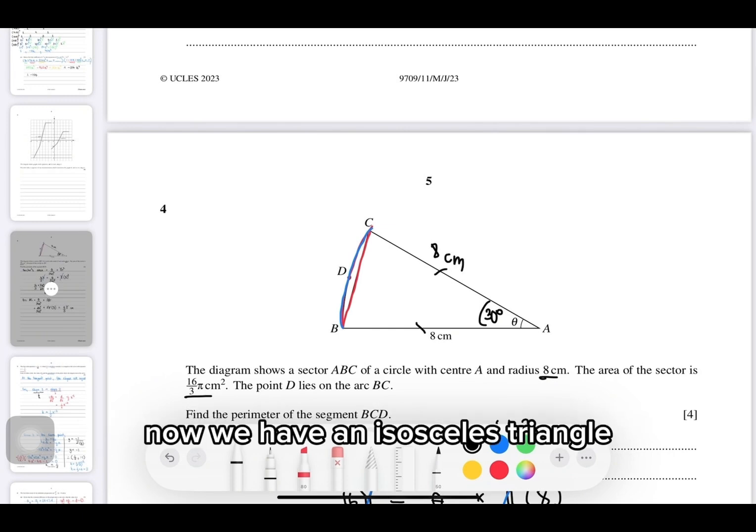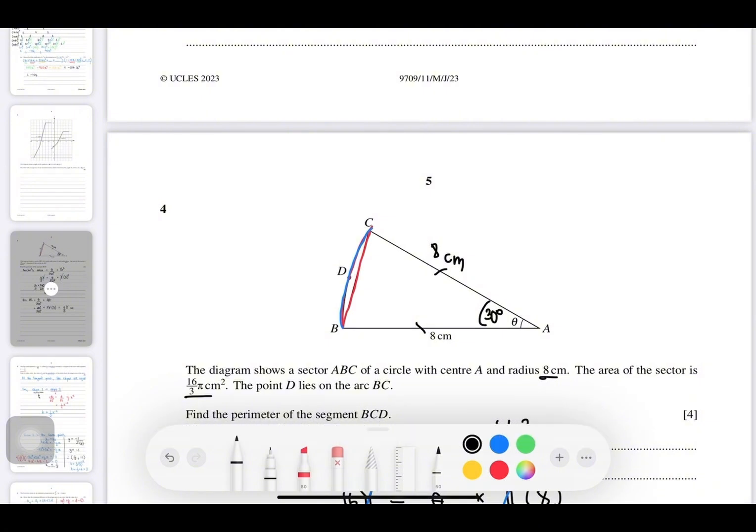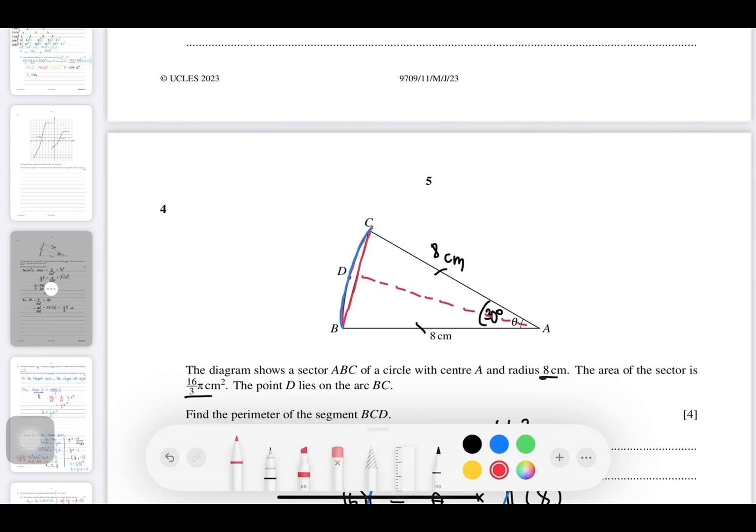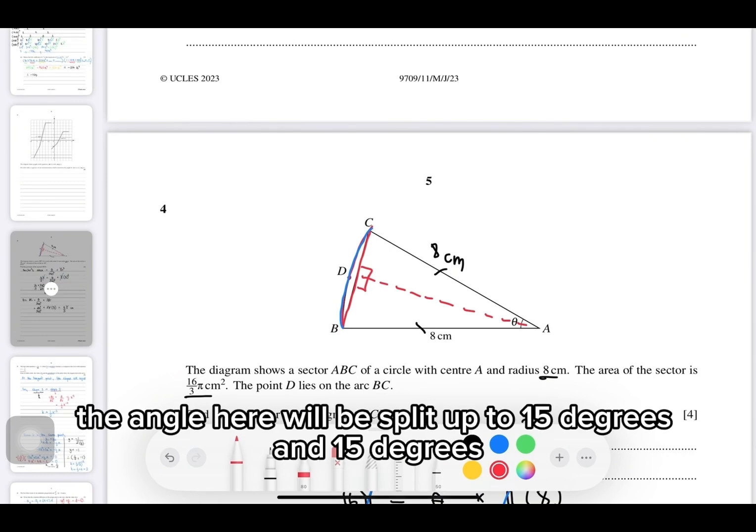Now we have an isosceles triangle, and we can divide it up so that we get 2 perpendicular triangles. The angle here will be split up into 15 degrees and 15 degrees.